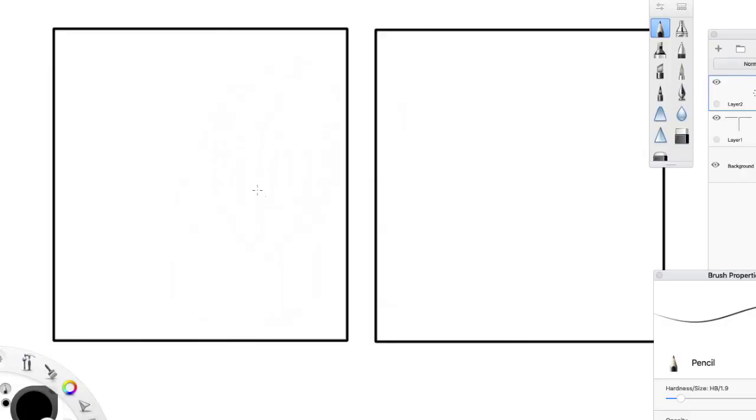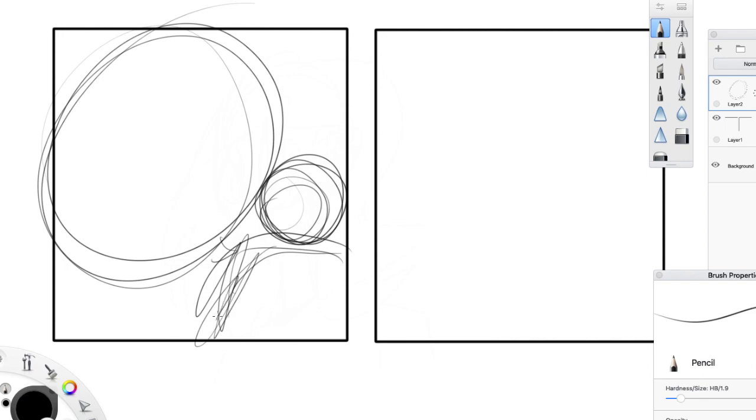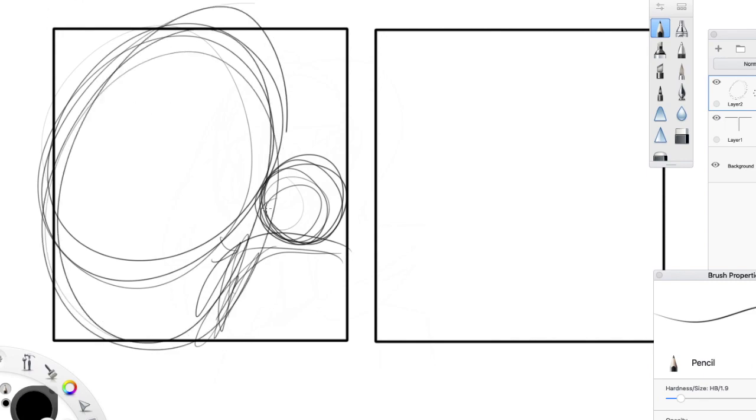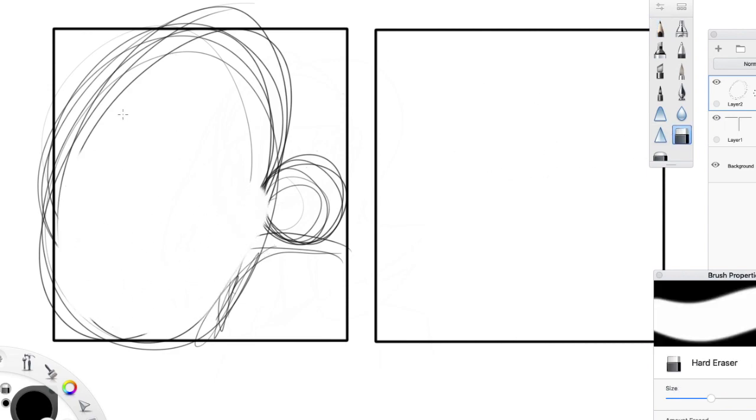In one of the boxes, I have a speech bubble, and I have a person. This is not a good example, so I'm going to make the speech bubble a little bigger. Then erase the inside so you can see the speech bubble more clearly.